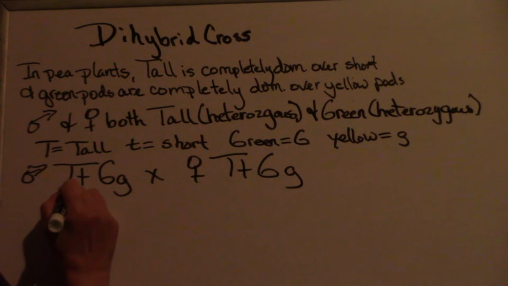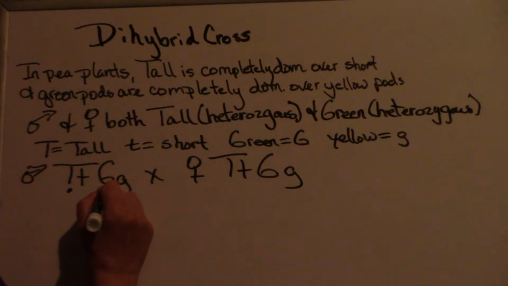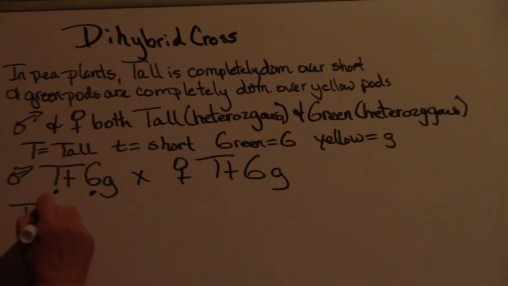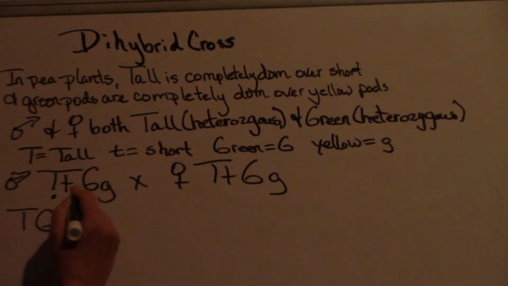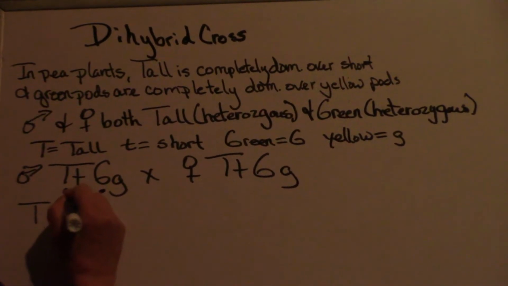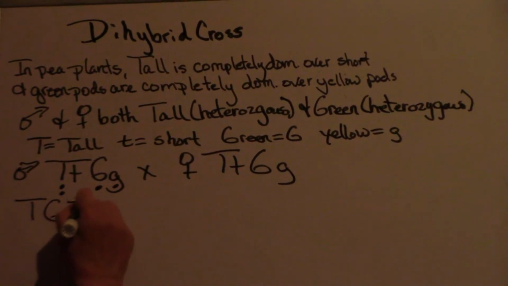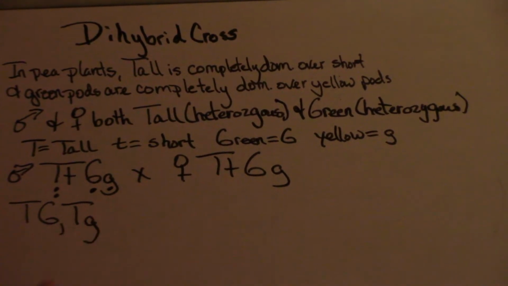So, if I take the big T first and put it with the first G, that's big T, big G. Then I take this same big T and combine it with the little g. So there are two of my gametes.